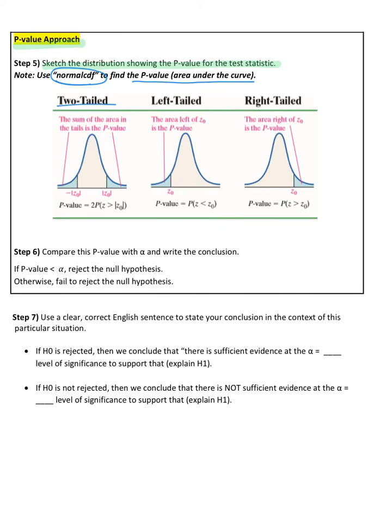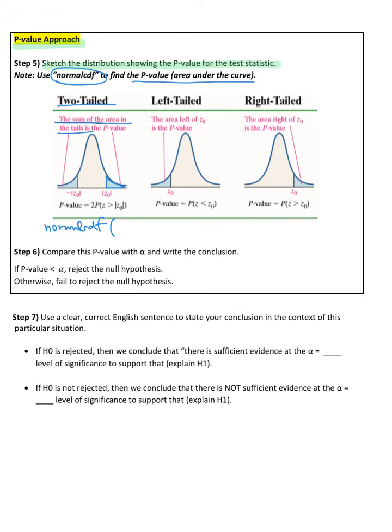For a two-tailed test, the p-value is the sum of the area in the tails. The area in the right tail is the same as the area in the left tail, so all you need to do is find the area in one of these tails and then multiply the answer by 2.